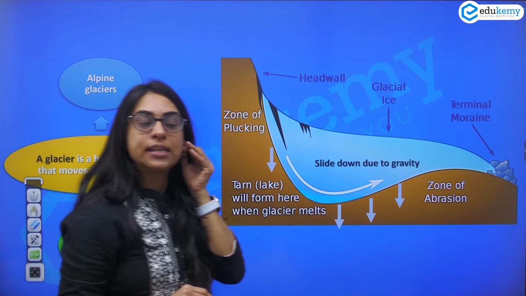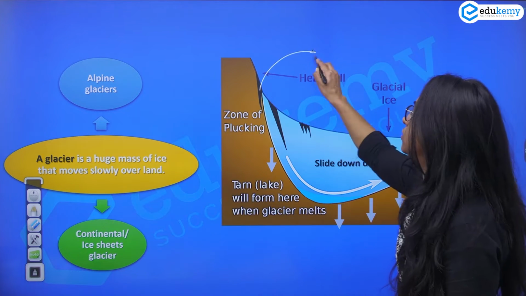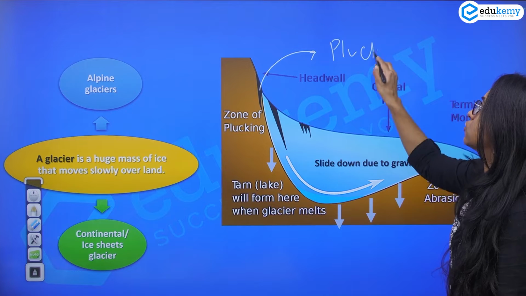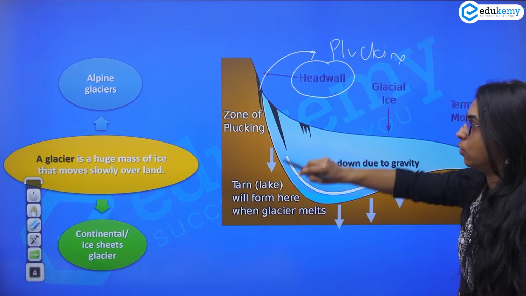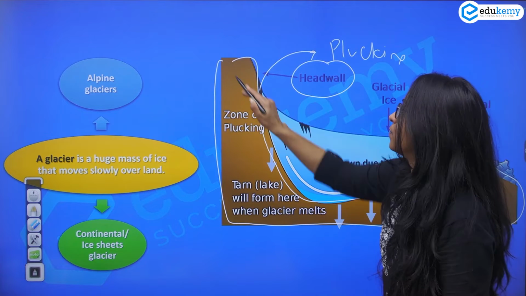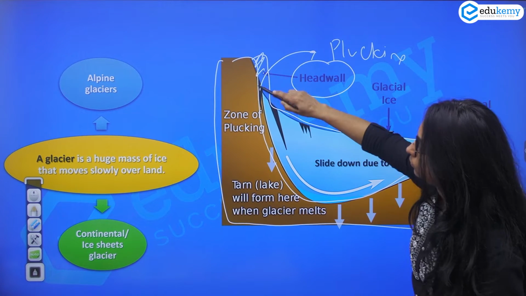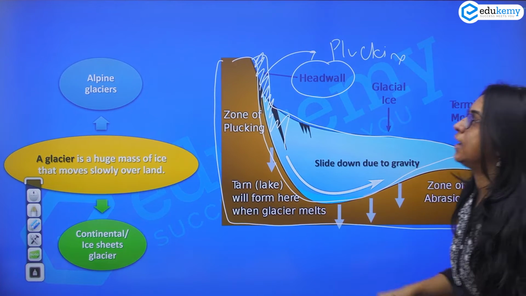Generally you will see that plucking is operational at the head wall. This is the bedrock, this is the glacier, and this is the head wall.